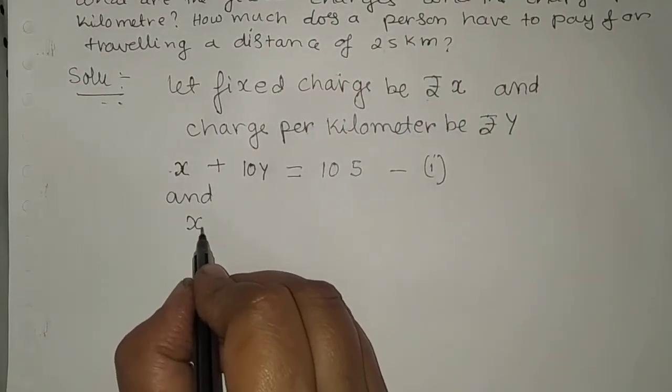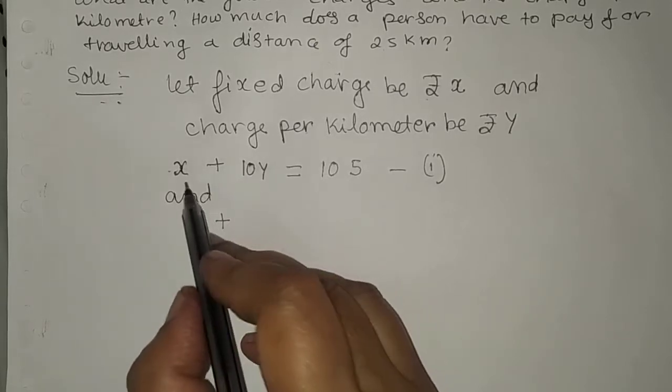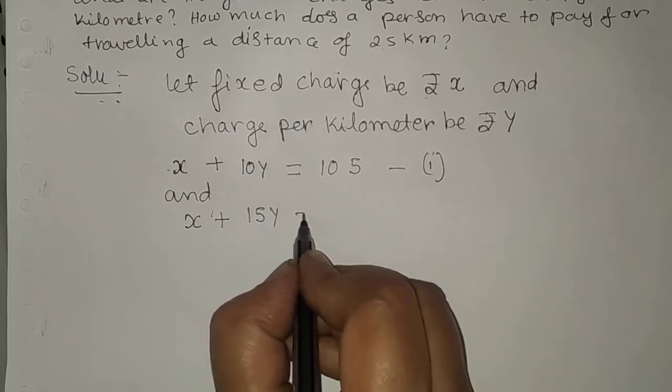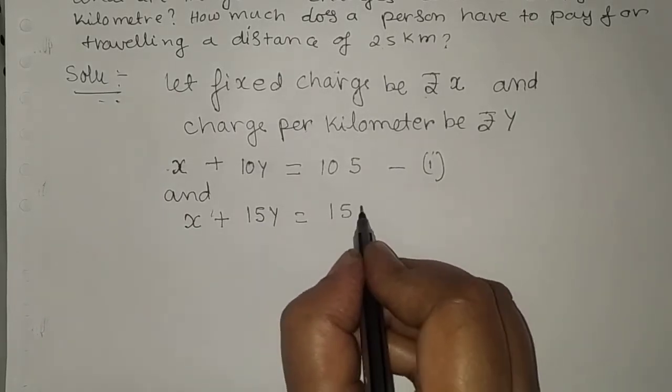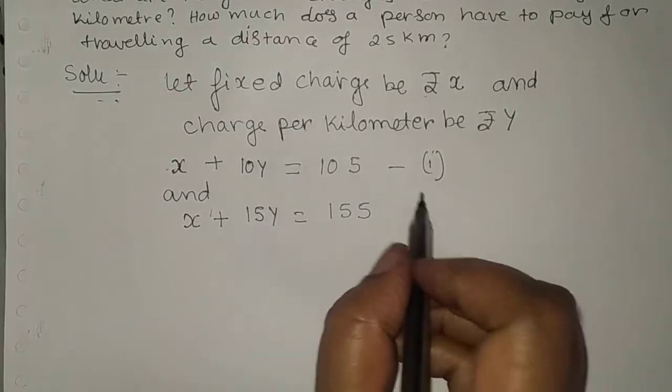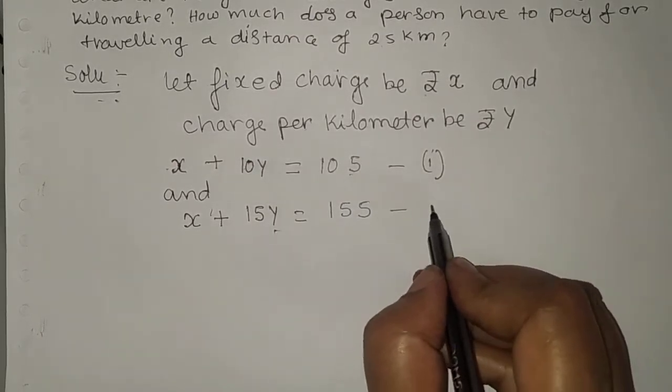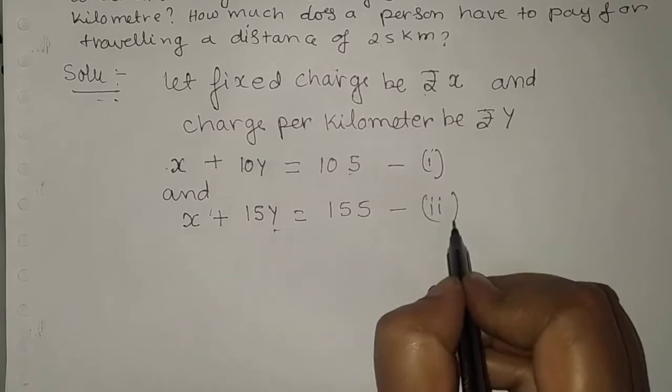So 10 kilometers is 105, and 15 kilometers is 155.